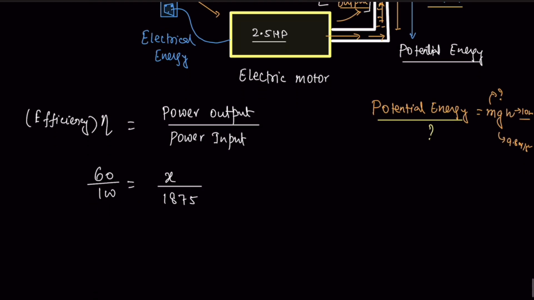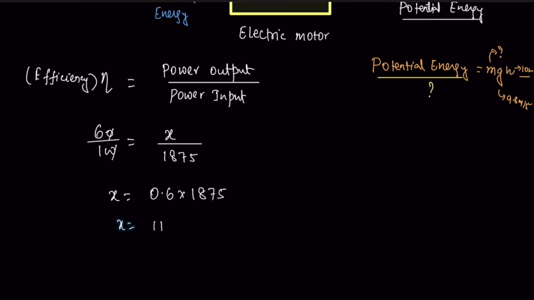So if we solve it, this 0 can be cancelled. So x is equal to 0.6 into 1875. So x is equal to 1125 watt. So this we got as the power output. Now we know that power is equal to work upon time. So what is the work here?